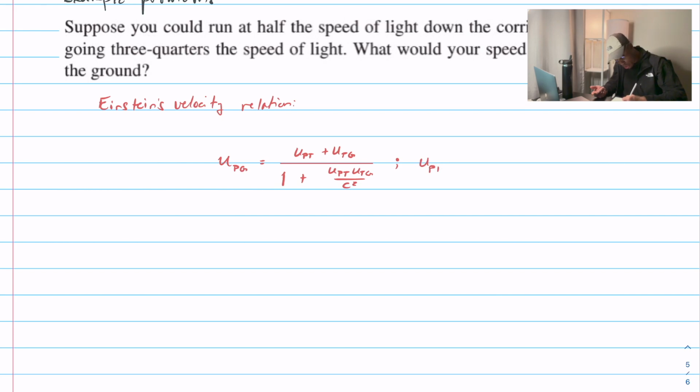So your speed with respect to the train is c divided by 2. But then the train itself is going at 3/4 the speed of light, so the speed of the train with respect to the ground is 3/4 c.